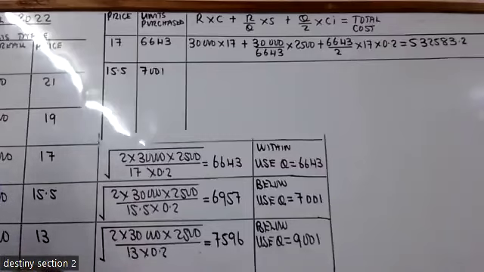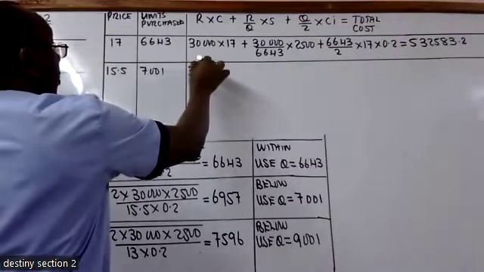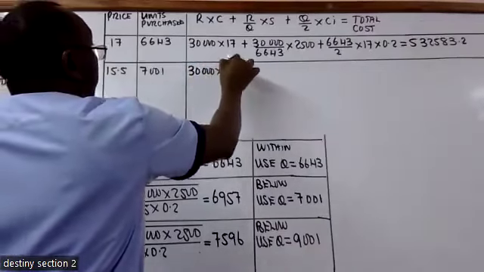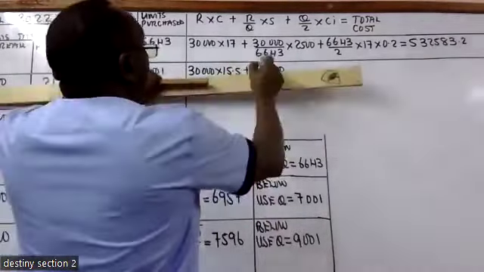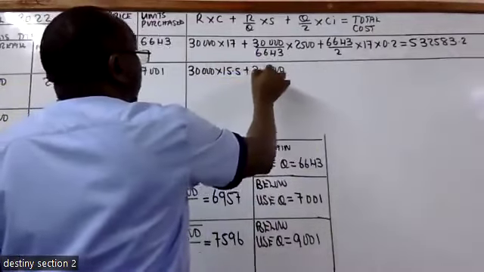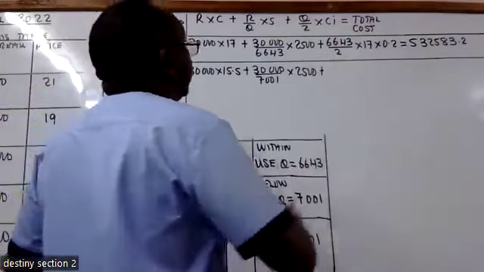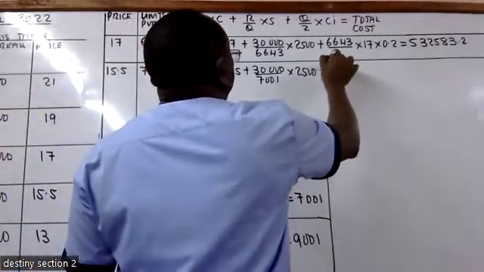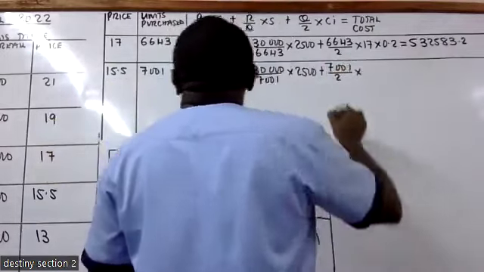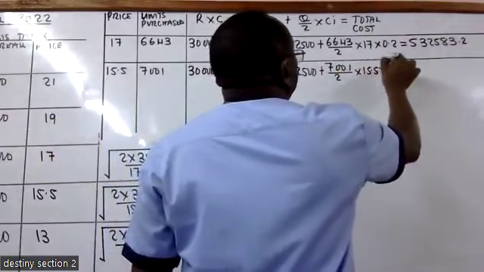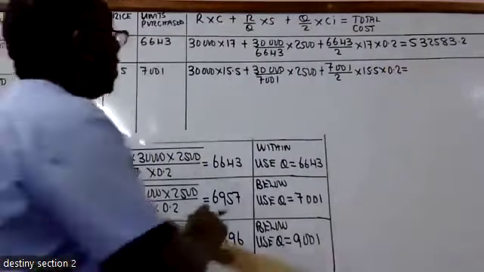So this will be 30,000 multiplied by 15.5 plus 30,000 divided by 7,001 multiplied by 2,500, plus 7,001 divided by 2 multiplied by 15.5 times 0.2. Yeah, even Sirao confirms that value.